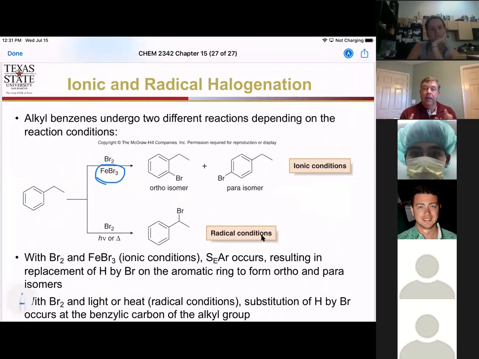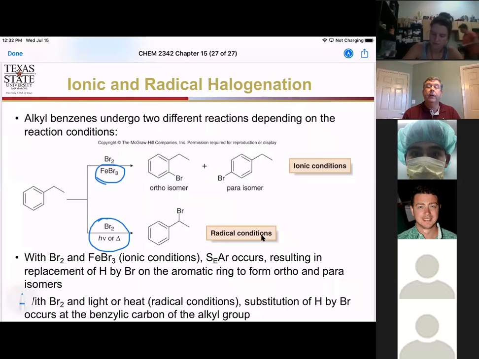However, if we change the mechanism such that we don't actually create that anion, we don't create that electrophile, we can undergo a different reaction, okay? So in the case of bromine in the presence of heat or light, if we generate a radical, we still are not going to do substitution on the benzene ring.